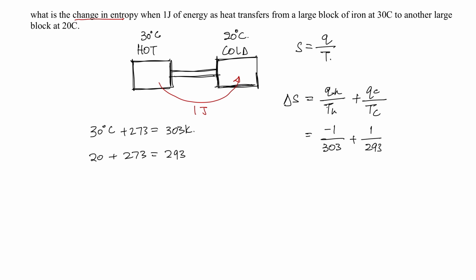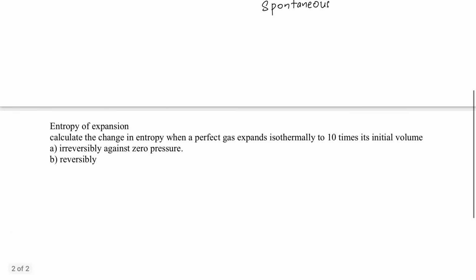And that gives us an answer of 1.13 times 10 to the -4 joules per Kelvin. Now, the fact that this answer is positive tells us that this is spontaneous, and it makes sense because heat will transfer spontaneously from a hot source to a cold source.